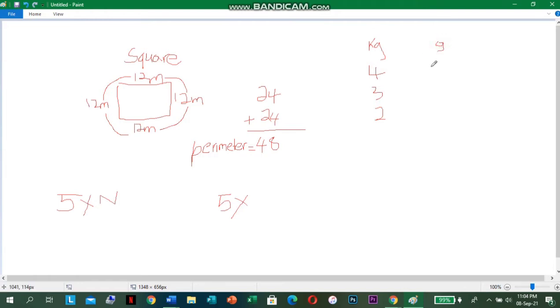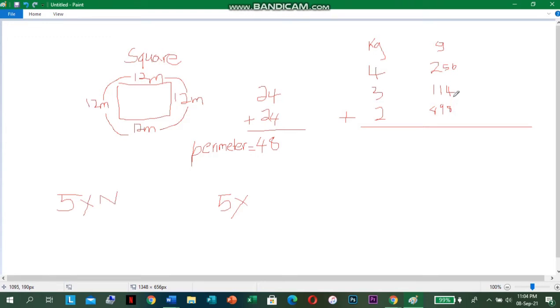So we have 256 grams, 114 grams, and 898 grams. All right, so we're going to add now because it says add together.